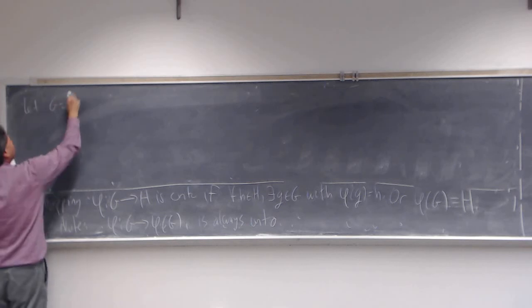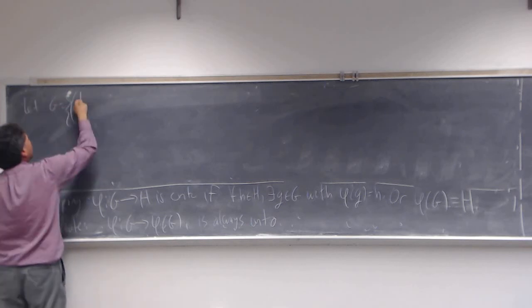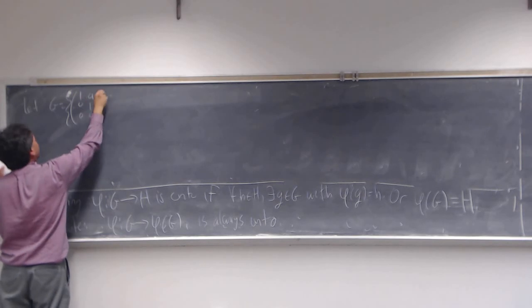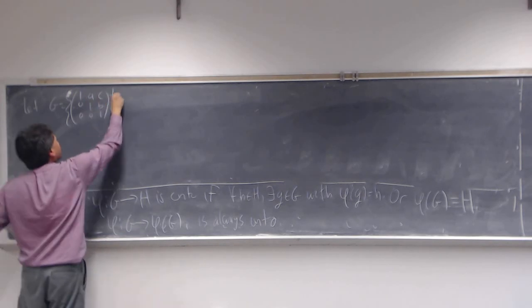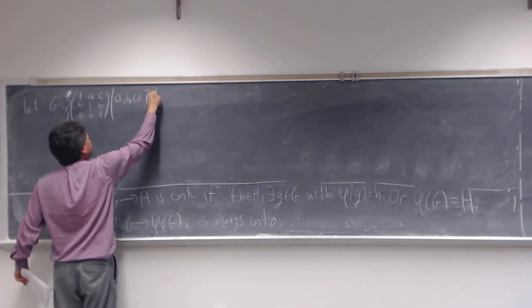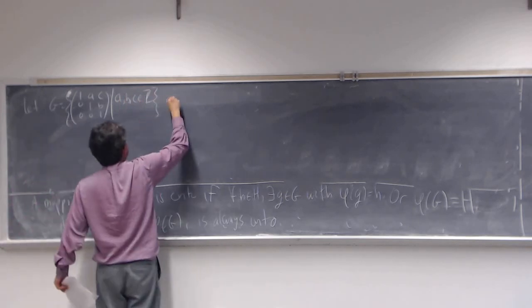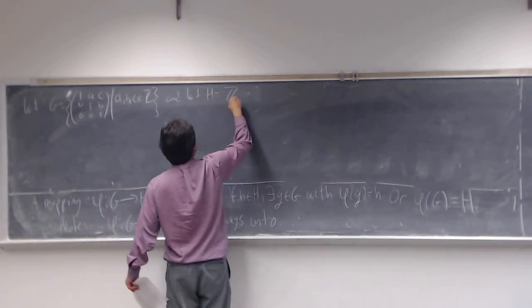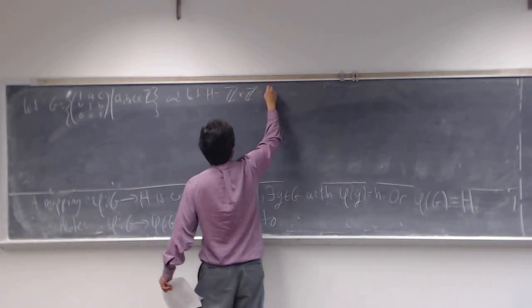So let G be a Heisenberg group. That's got a 1 down the diagonal. It's got an a, c, and a b. It's got three integers. And let H be the product group Z cross Z.